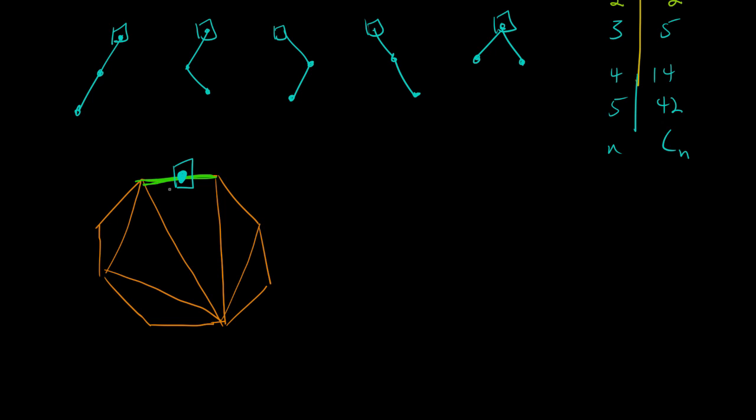Here I'm going to draw my root node right here on my special side. And then you see that other than the special side of the triangle, I have 2 sides in every triangle, right? There are 3 sides total. I take out the special side. There are 2 remaining sides. I'm going to designate one of those as the left side and one of them as the right side. And here's the trick.